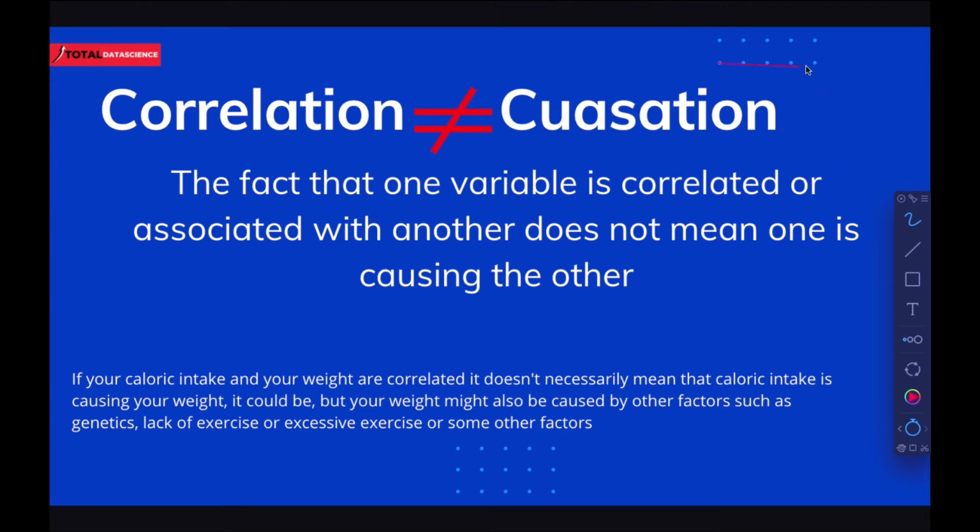This is very important to note, so I urge you to even write it down so that you will not forget this concept. The fact that one variable is correlated with the other does not mean that one is causing the other, because you might have a lot of use cases where you measure the correlation, and if you don't take care, you're going to jump to the conclusion that this is causing the other.